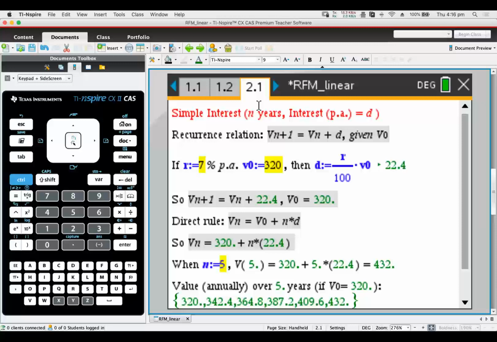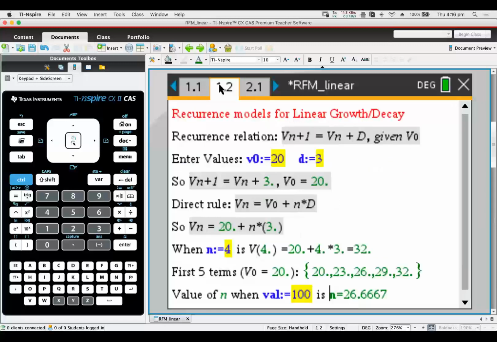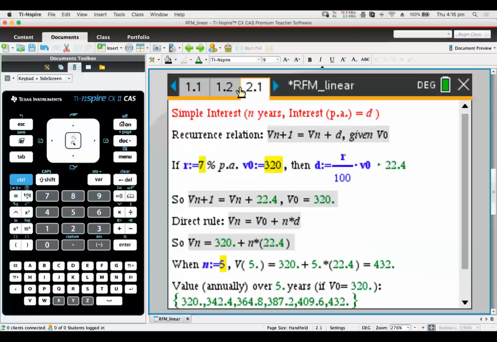If you remember back on the previous page, we had defined V0 and D and N, and we don't want those values to mess up these values. So when you insert a new problem rather than a new page, it keeps those definitions of the values, any variables and any functions, separate.